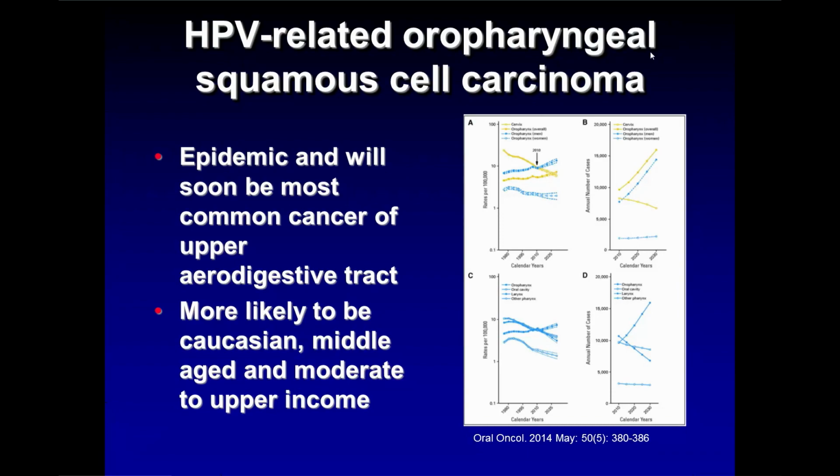But nevertheless, it has become a very significant etiology for these malignancies. As this figure shows, this line shows the decrease in cervical cancers. And what we've seen during the same time interval is an increase in oropharyngeal cancers.